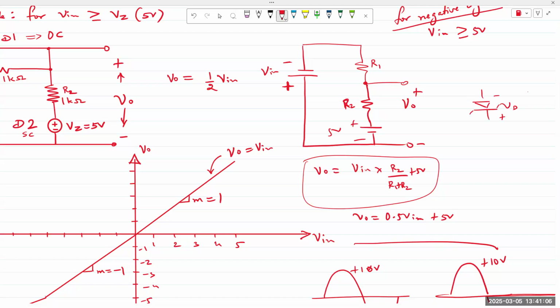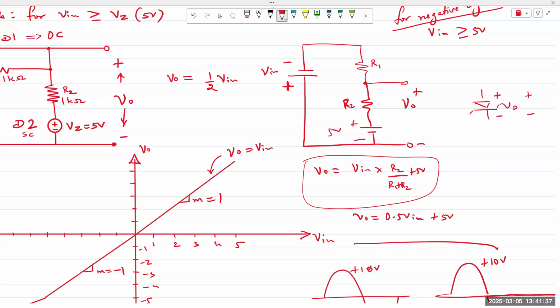But if we say Zener voltage, then, I'm sorry, the other way around. Should be plus, should be minus. So it would be minus 5 volts. But since we're already saying it's in reverse bias, we don't apply a double negative to it. We simply say it's a Zener voltage of 5 volts, not minus 5 volts, right?